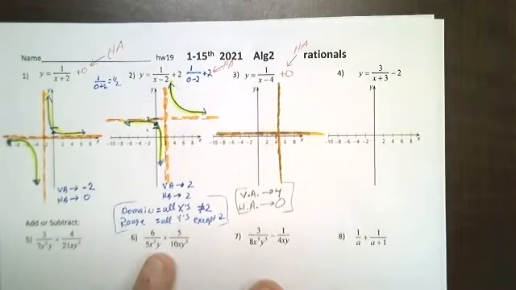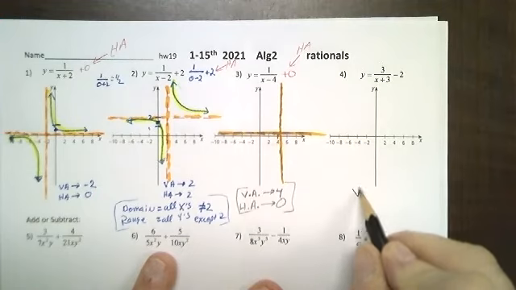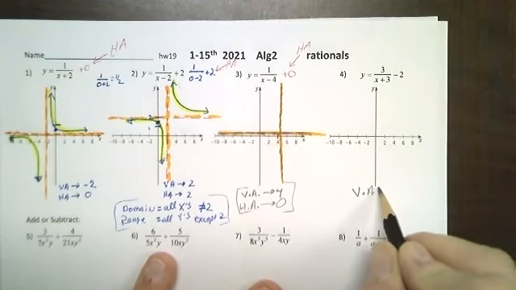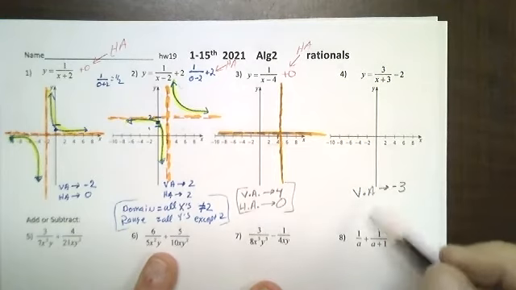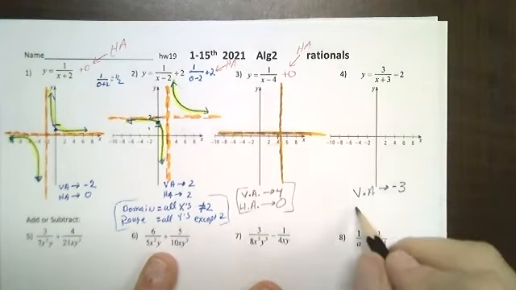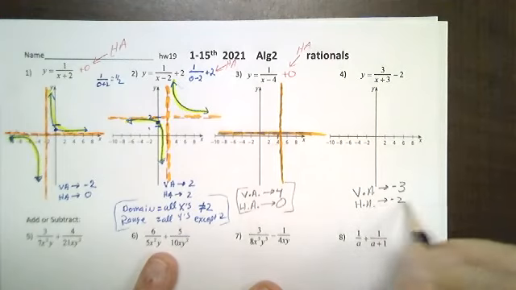Over here on this one, Araya, what's my vertical? Very good. And Mr. Gordon, what is the horizontal? It is -2. Very good.